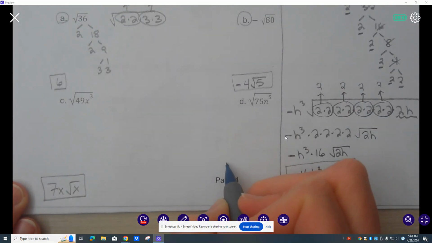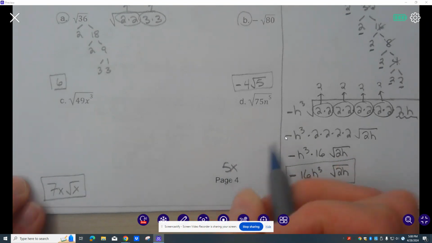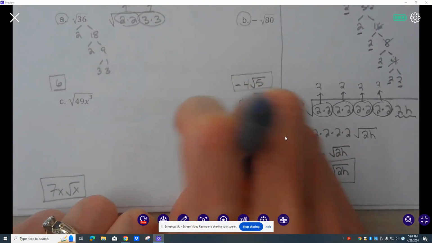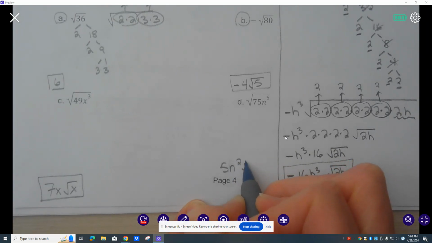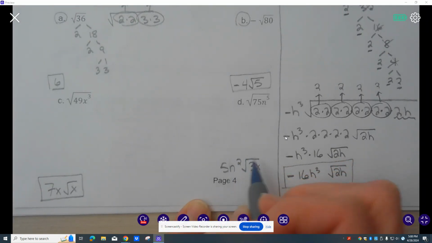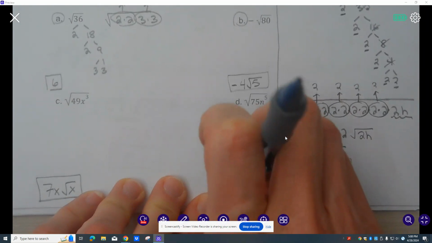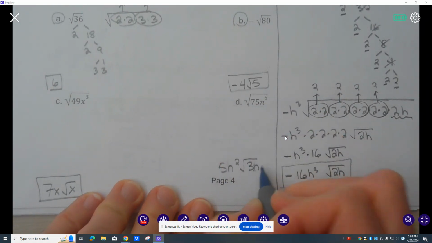And for D, you should have gotten 5... oh, those are n's. I put x's. 5n squared. And what was left in jail is not a 3x, a 3n.